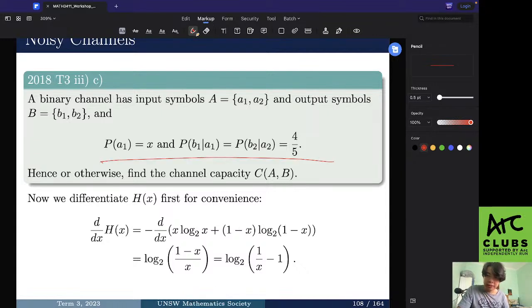Well, the first thing we might do is take our entropy formula and differentiate it. And the reason is because we're trying to find the maximum of something, and the way you do that is you take the derivative, find where it's equal to 0, and that's your max point. And so when we take the derivative, we see that we get log base 2 of 1 on x minus 1.